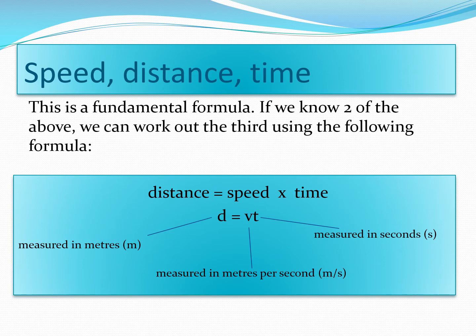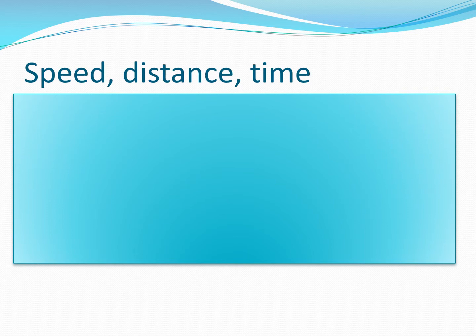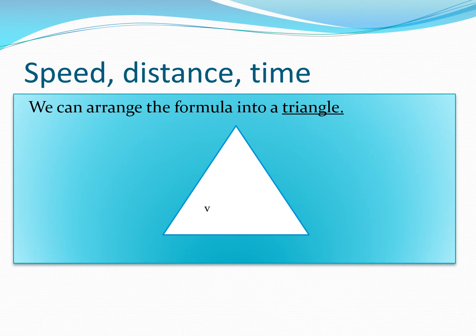Now, we'll look at a wee worked example of this, but first, let's just remind ourselves how we rearrange that formula. And we do it the same way we rearrange lots of formulas in physics, and that's by using one of those really handy triangles. So if we draw ourselves a triangle and put the variables in, we've got d for distance on the top, then we've got v here for our speed and t for our time.